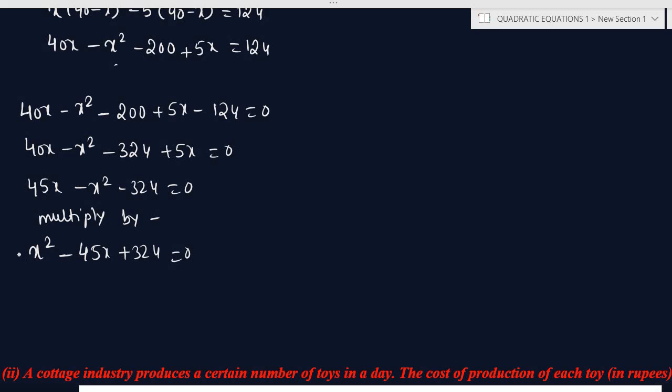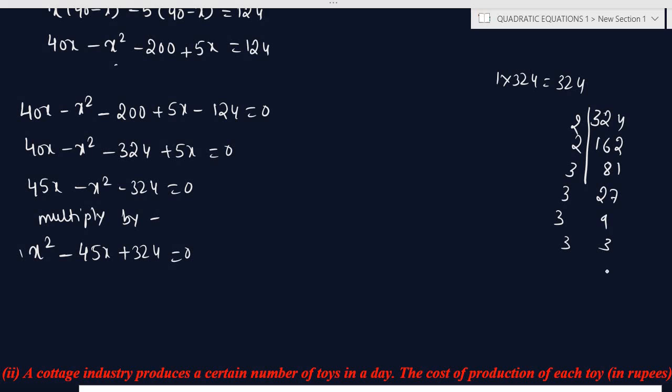Here, by multiplying 1 into 324 we get 324. We need to divide the number 324. 2 1s are 2, 2 6s are 12, 2 2s are 4, 2 1s are 2, 2 8s are 16, 3 2s are 6, 3 7s are 21, 3 9s are 27, 3 3s are 9, 3 1s are 3. See here, 2 2s are 4, 4 3s are 12, 12 3s are 36. 36 into 9 is how much? 324.